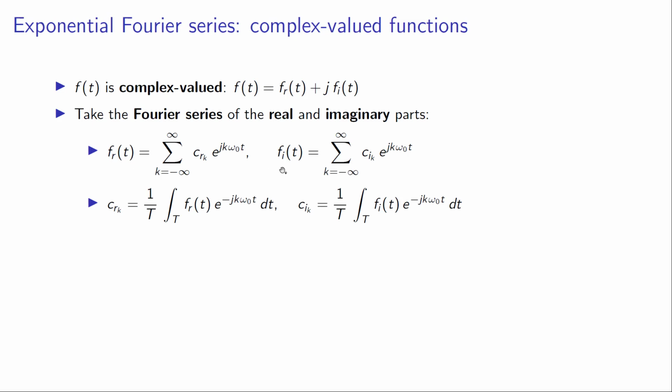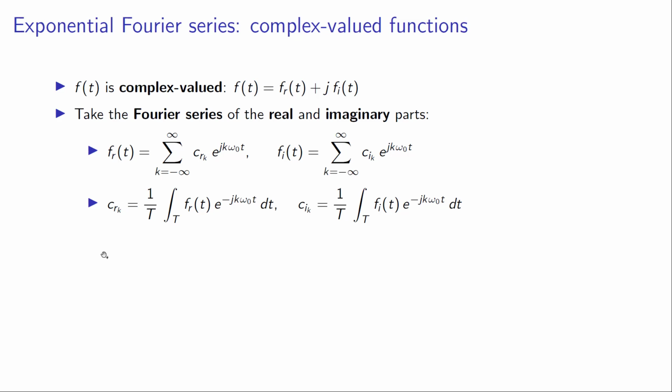Since both functions are real valued, we can use the theory that we have just reviewed and compute the Fourier series of the real part of f of t and the Fourier series of the imaginary part of f of t.